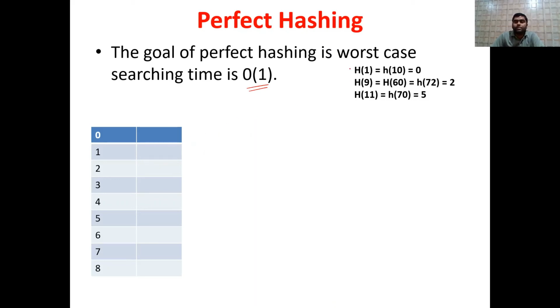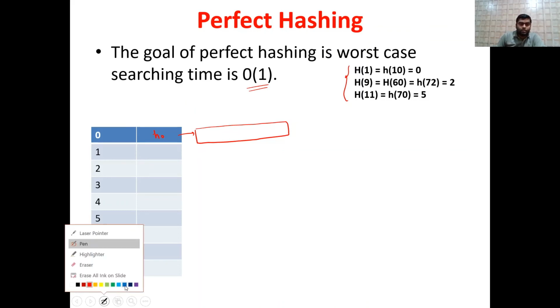Now observe carefully, there are some keys given, say 1 and 10. If you apply the hash function to 1 or 10, where will it go? To the 0th slot. At the 0th slot we have already applied a hash function h0. This is again a small hash table.